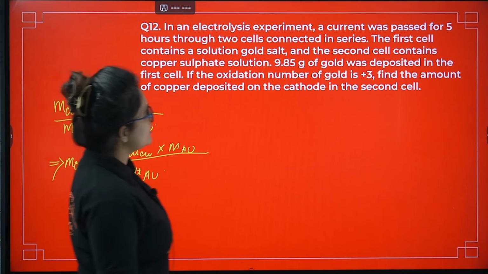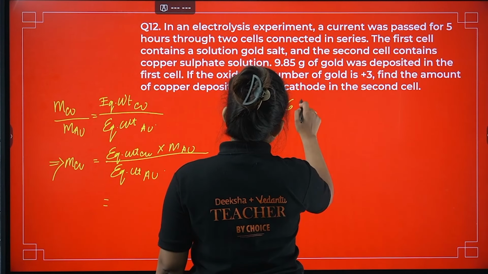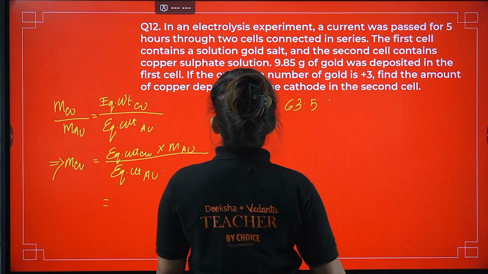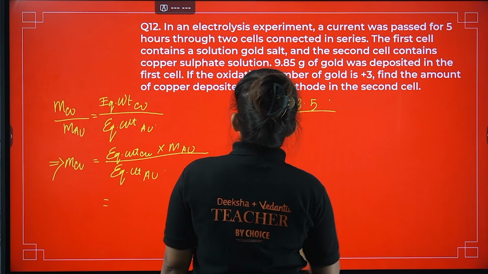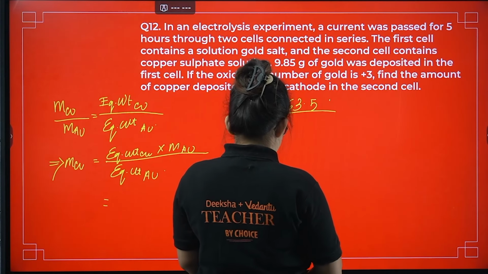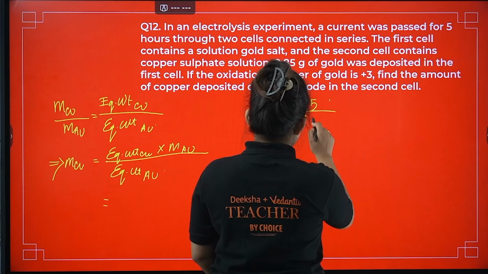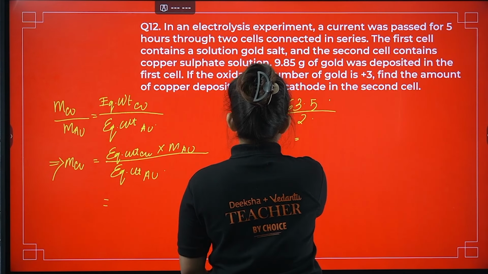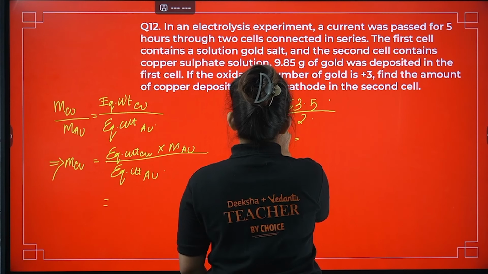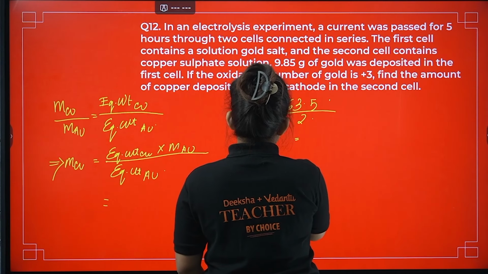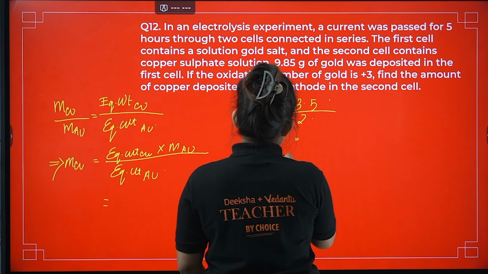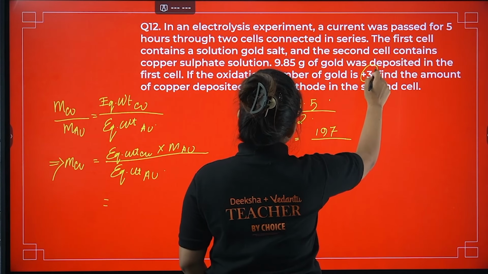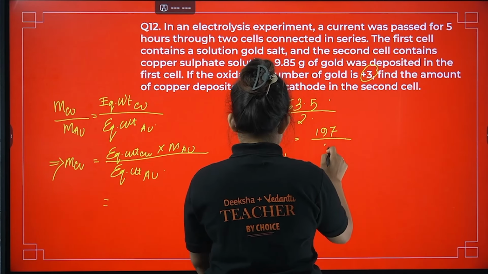For copper, the atomic weight is 63.5. In copper sulfate, copper oxidation state is +2, so the equivalent weight of copper is 63.5 divided by 2. Now the equivalent weight of gold: gold is 197, and the +3 oxidation state they told, so divided by 3.